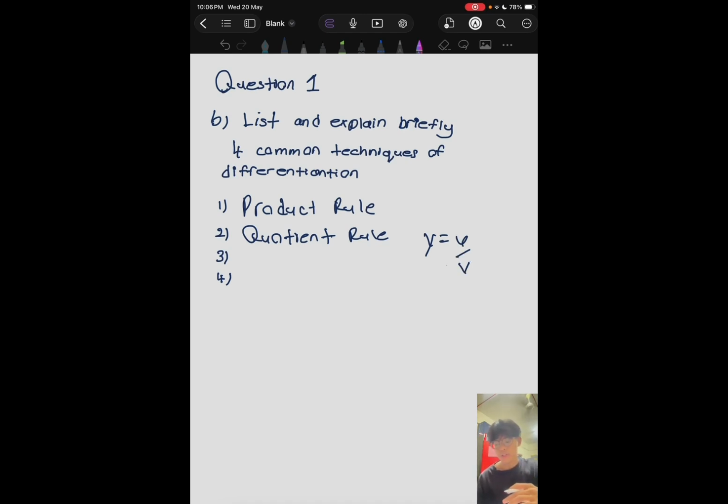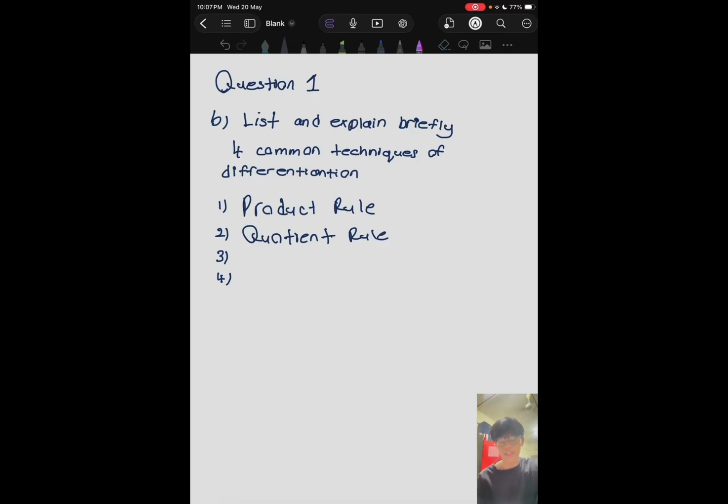For this technique, the formula that we can use is dy over dx equals v u prime minus u v prime, all over v squared. So that is the quotient rule.